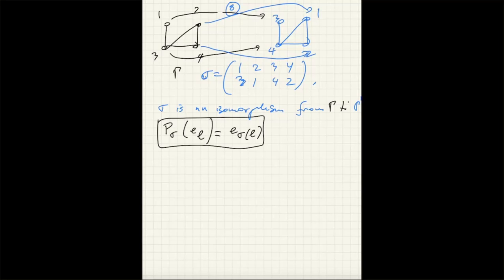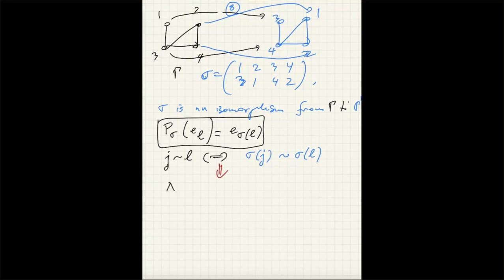Now, what I have is that in the graph on the left, J is adjacent to L if and only if the corresponding vertices on the right, sigma J, is adjacent to sigma L.